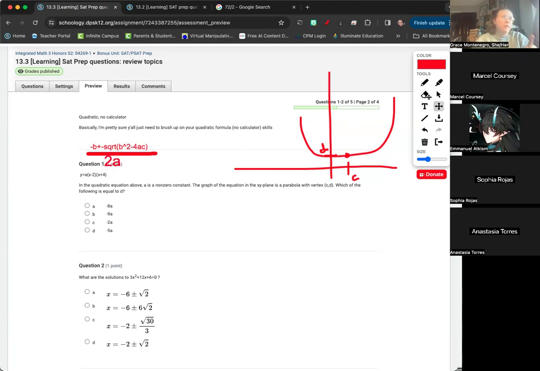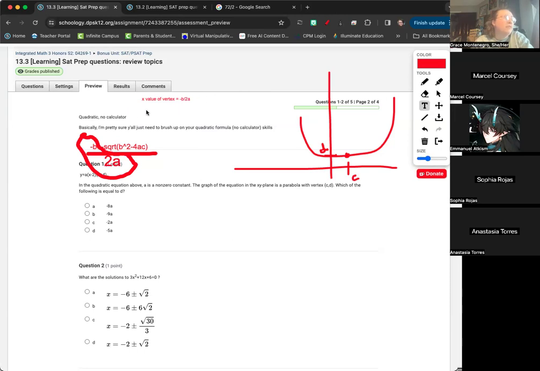The vertex formula I think of as the part I'd like to think about from this. We ignore the plus or minus square root part, and to find the x value of the vertex, you take negative b over 2a. So x value of vertex equals negative b over 2a.